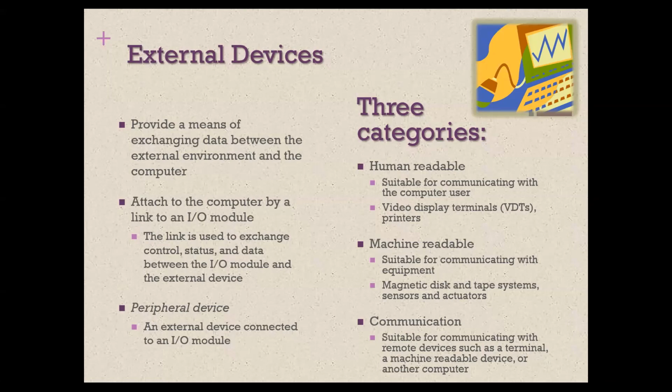Typical examples of the human readable devices are the video display units, VDUs, or video display terminals, VDTs, basically the same, and also printers. And examples of machine readable devices are magnetic disk and tape systems, as well as sensors and actuators, such as are used in robotic applications and IoT and so on and so forth.